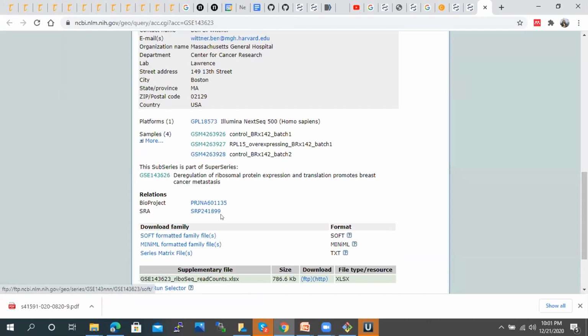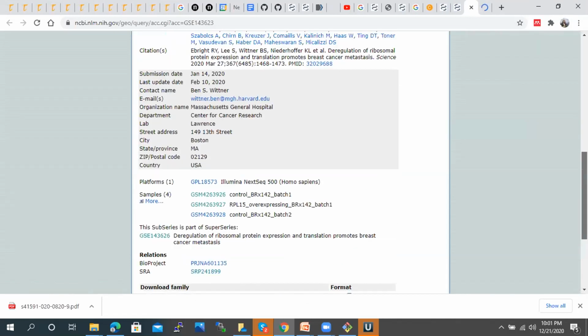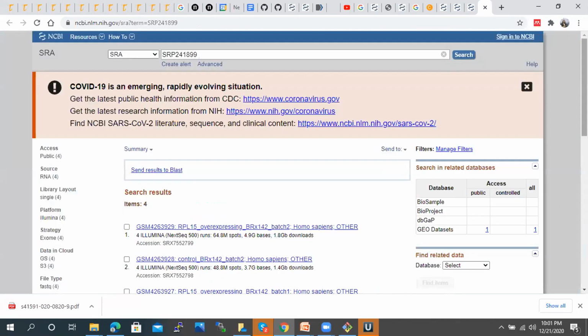Then they have also provided the link to the BioProject and SRA. If you want to generate your own pre-processed values, for example FPKM values or read count values, you can directly go to this SRA link. You are directed to the SRA page, and from here you can send the links of the FASTQ files into a file, the SRA run table.